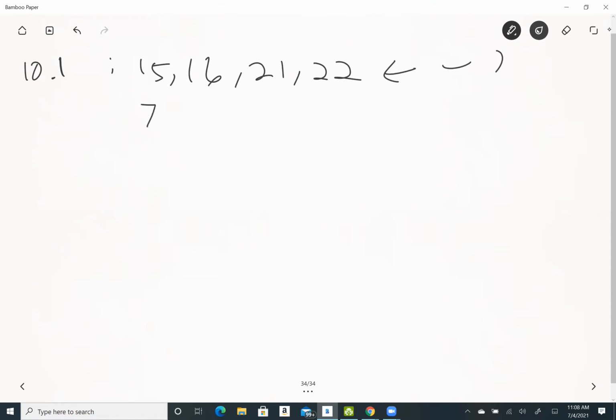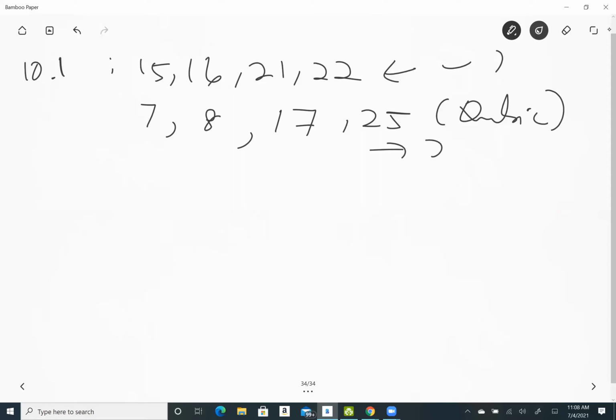So do number 7, number 8, and number 17, and then number 25. We do only the quadratic and the cubic. Don't worry about higher order functions. This is the cubic, so you have two critical points. For the quadratic, you have only one critical point.